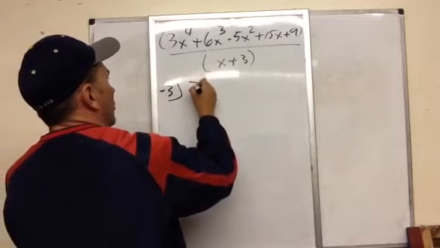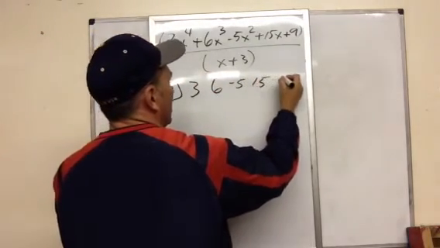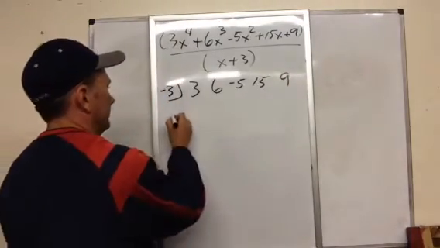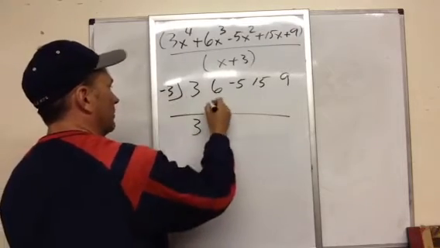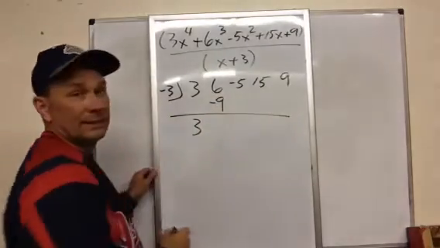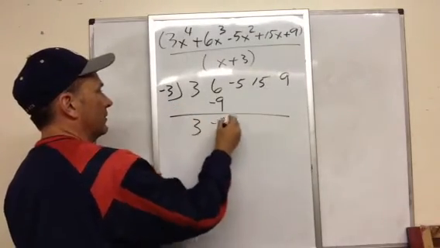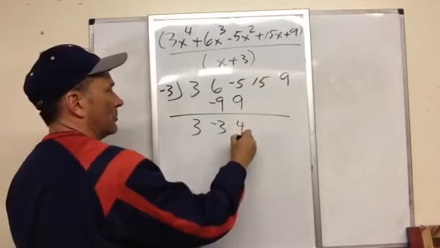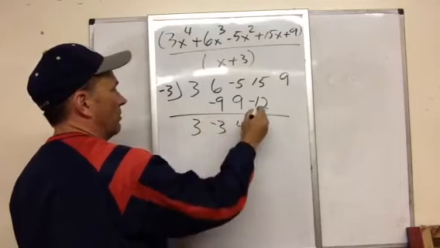Coefficients: 3, 6, negative 5, 15, and 9. Bring the 3 down. Negative 3 times 3 is negative 9. 6 and negative 9, negative 3. Negative 3 times negative 3 is 9. That becomes a 4. When we multiply, we get negative 12.